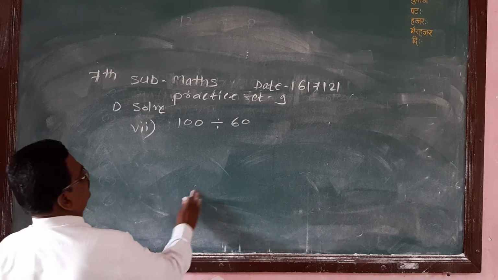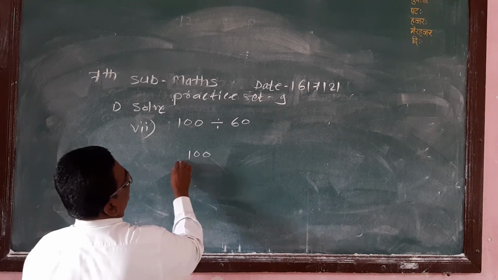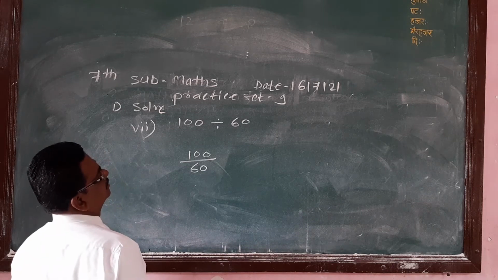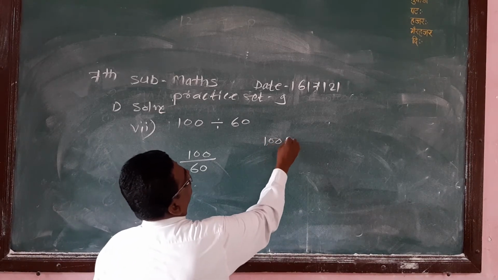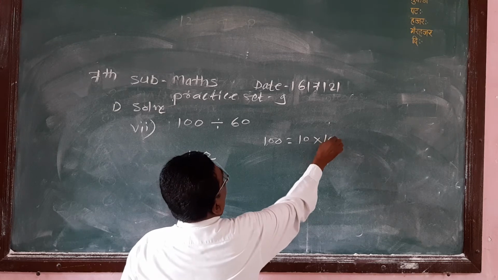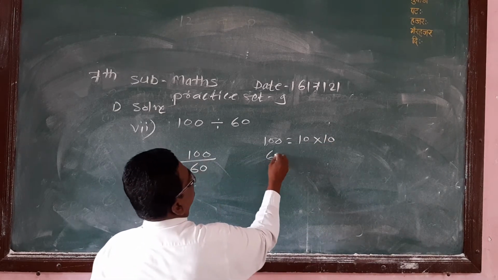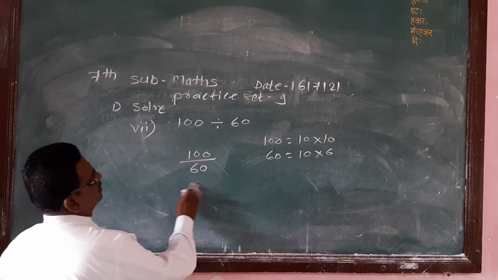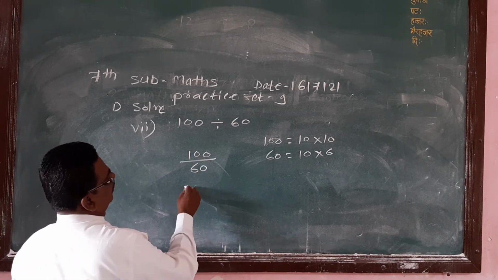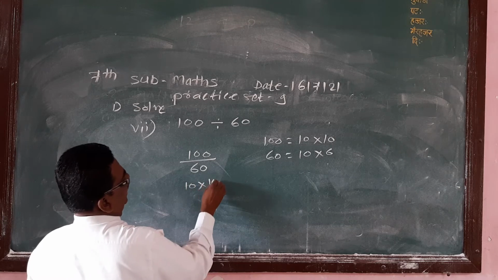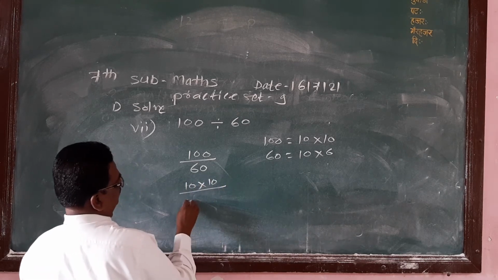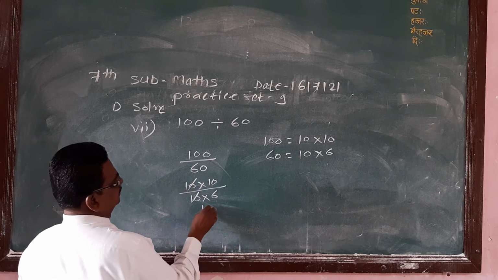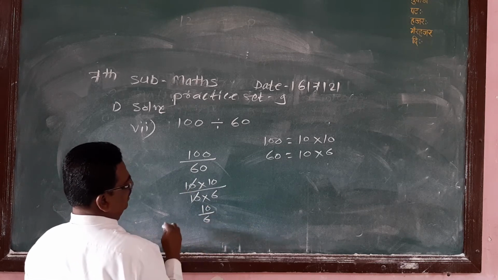Okay. 100 divided by 60. 100 is equal to 10 into 10, 60 is equal to 10 into 6. So 10 into 10 upon 10 into 6. Cancel 10, 10. 10 upon 6.